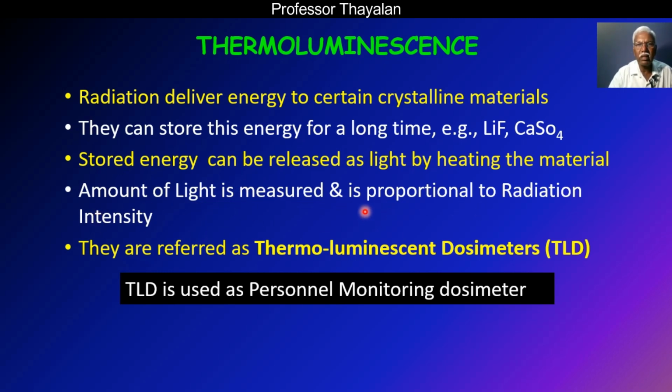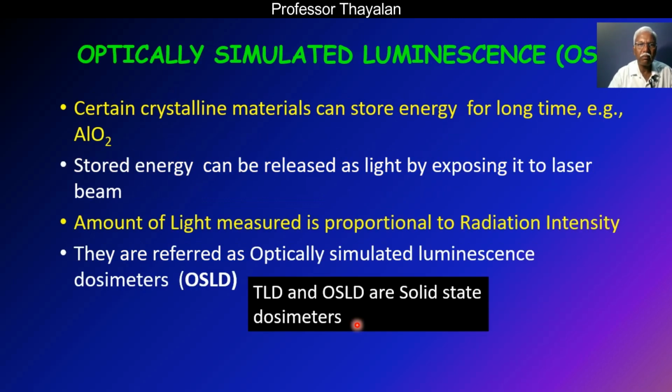This principle is called thermoluminescence, and the dosimeter based on this principle is called thermoluminescent dosimeter. Simply we call it TLD. This TLD is used for personal monitoring in every setup, mostly in India. All hospitals are using thermoluminescent dosimeters for personal monitoring purposes.